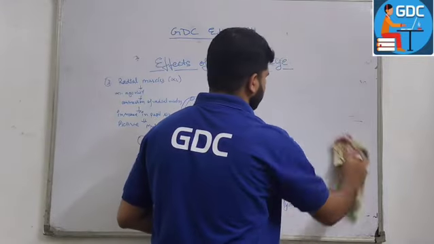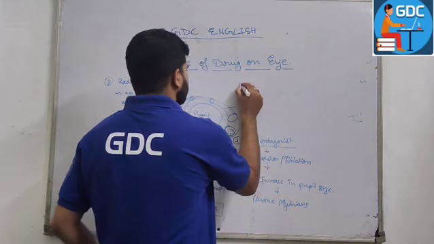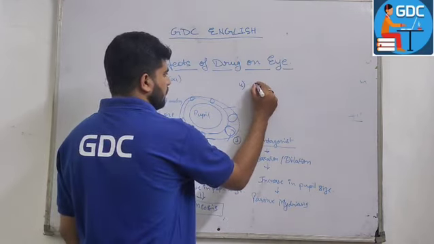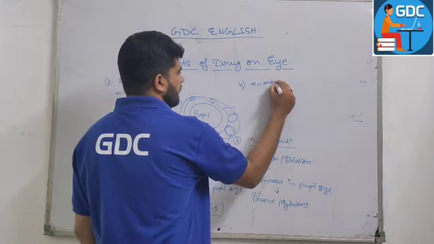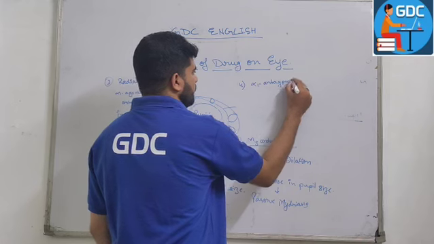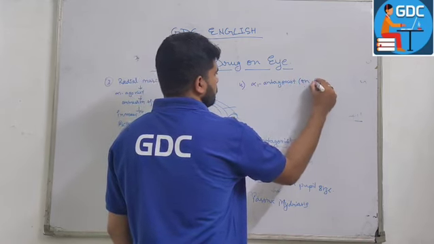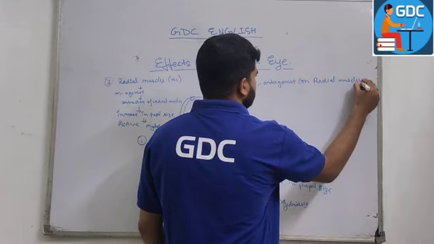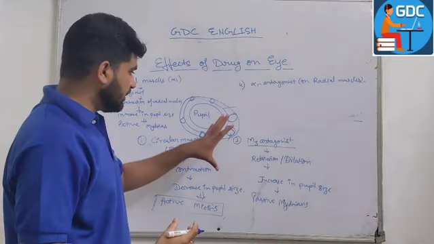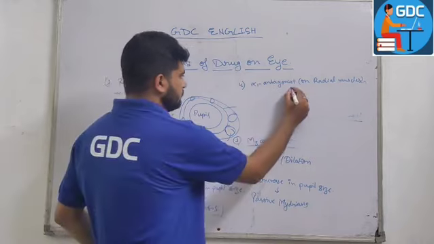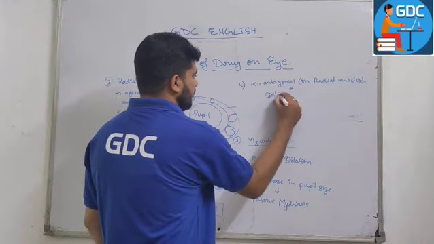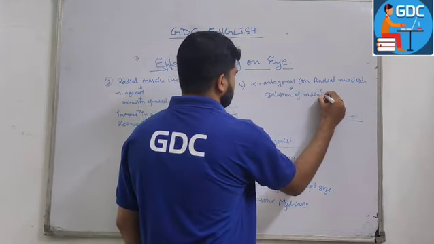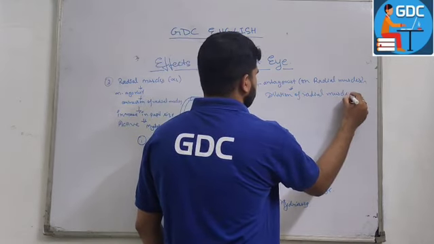Now, the fourth condition. In the same way we have taken the radial muscles. Now we have given an alpha 1 antagonist on the radial muscles. That will be responsible for the relaxation of radial muscles.